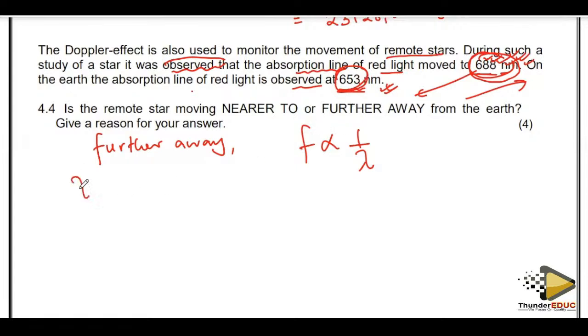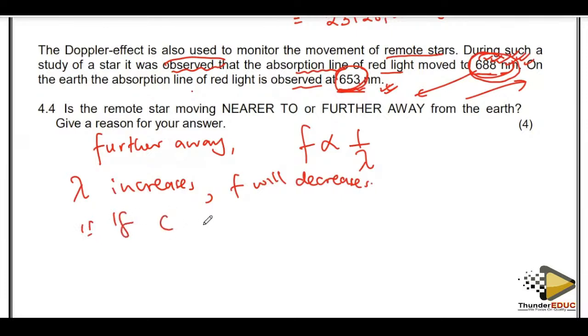So we can say that as lambda increases, the frequency will decrease, if c is a constant.